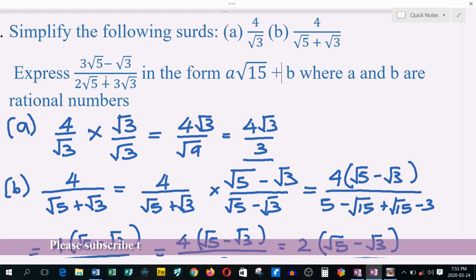Okay, the C part says express 3 root 5 minus root 3 all over 2 root 5 plus 3 root 3 in the form a root 15 plus b.